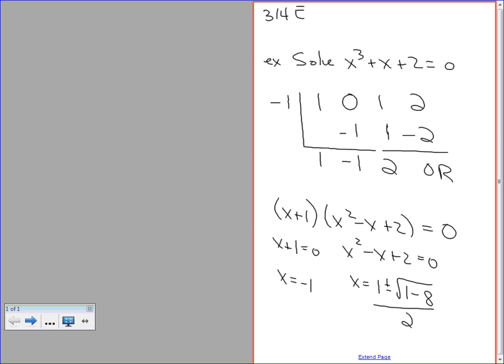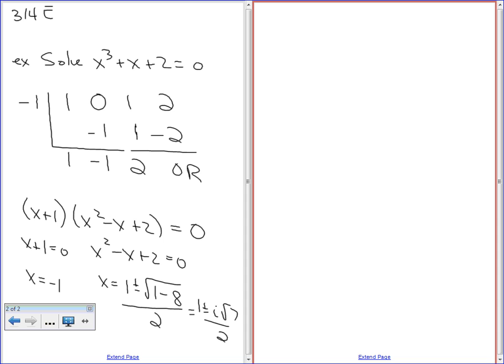Simplifying, I get x is equal to 1 plus or minus i root 7 over 2. So those are my 3 answers. My first answer is x equal to -1, and my second answer is equal to 1 plus i root 7 over 2, and my third one is 1 minus i root 7 over 2. Any questions on that? Okay.